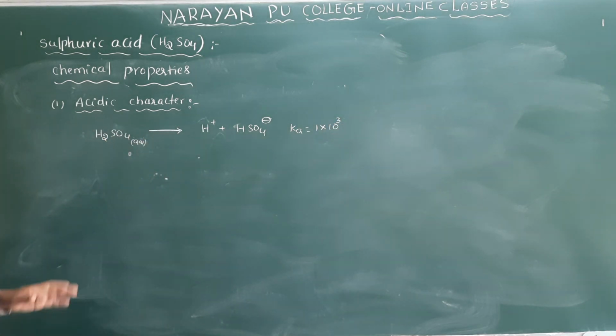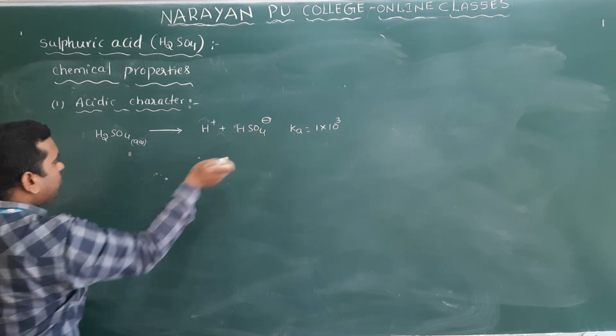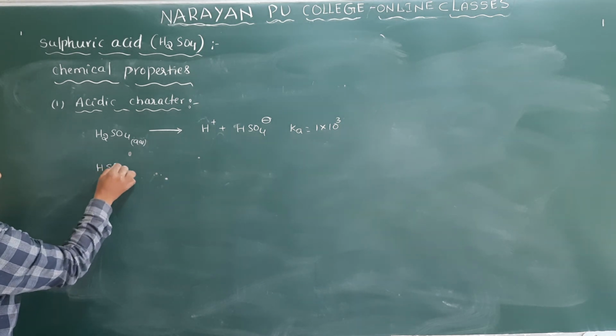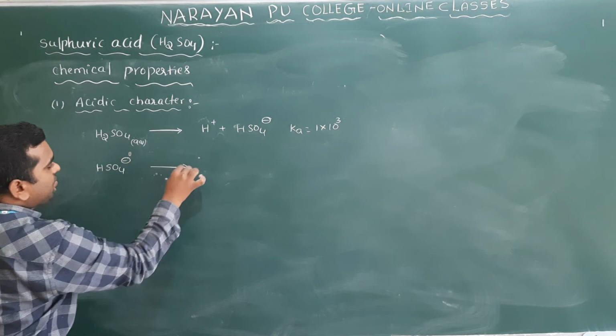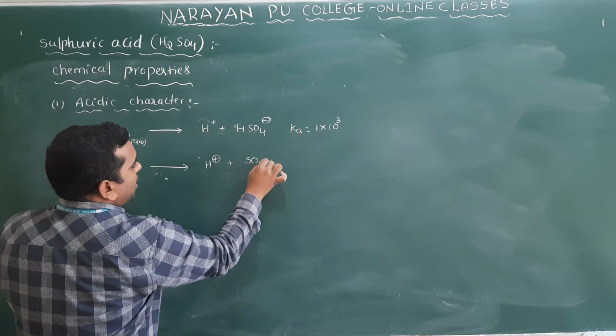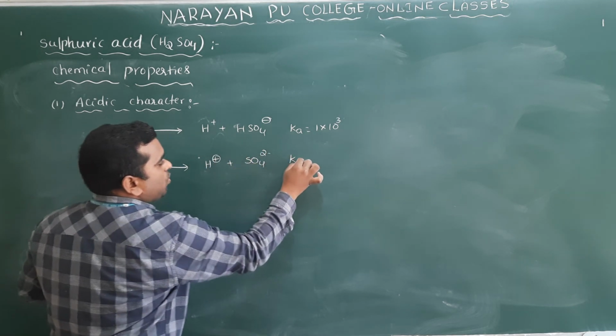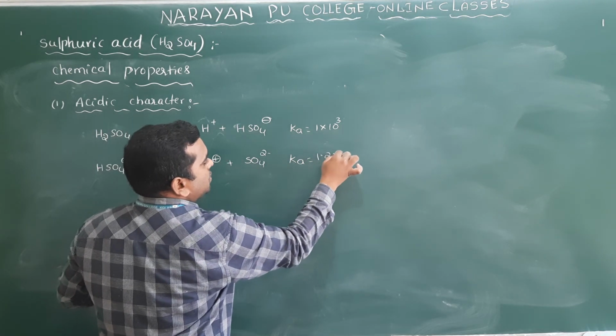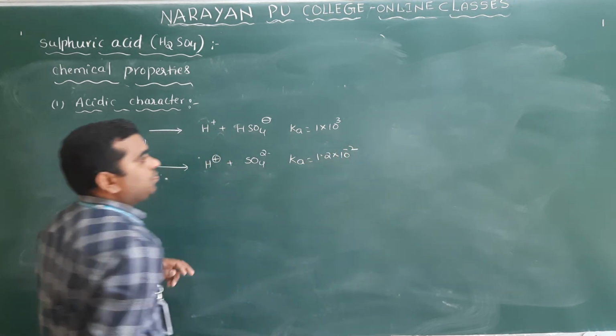This is the Ka value. And the next one, again HSO4 minus has one hydrogen, so it dissociates and gives H+ and SO4 2 minus. For this one Ka is equal to 1.2 into 10 power minus 2.